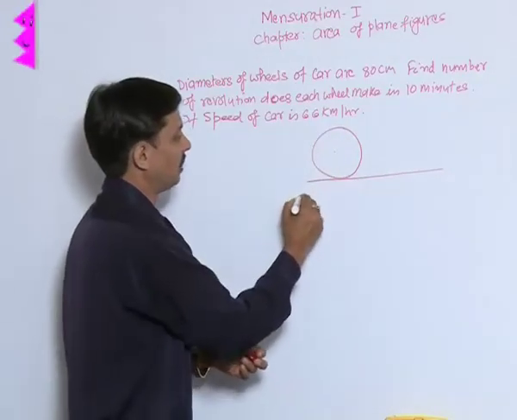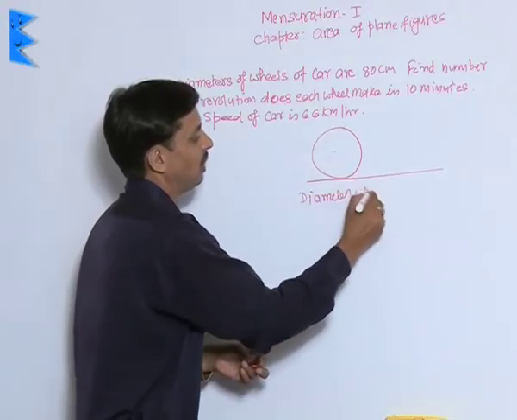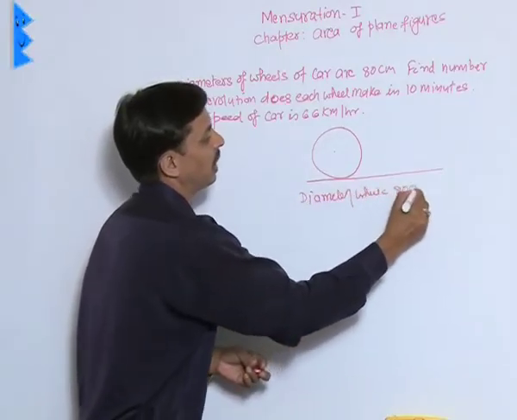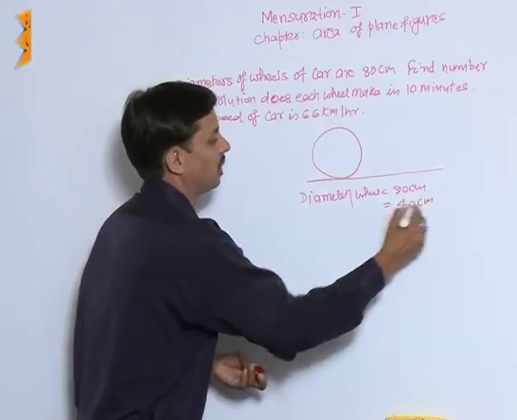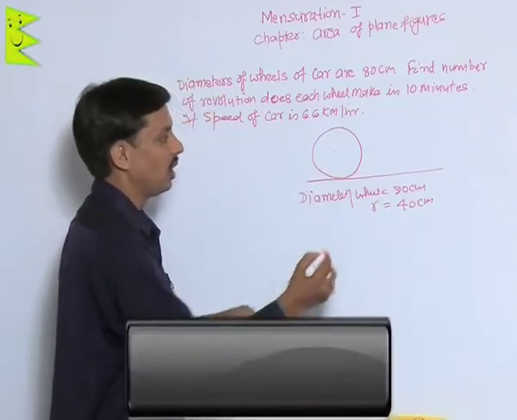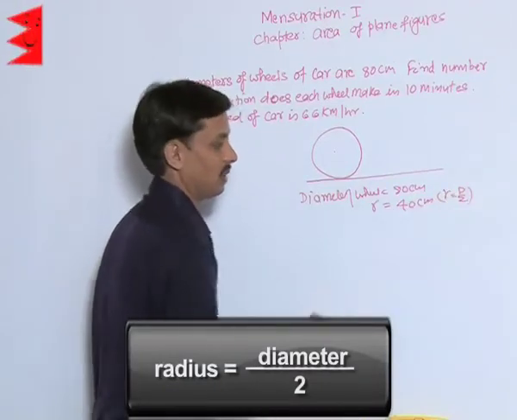So here the diameter of wheel is 80 centimeter. We can call it 40 centimeter is the radius, because radius is the half of diameter.